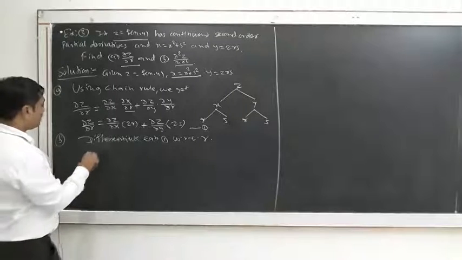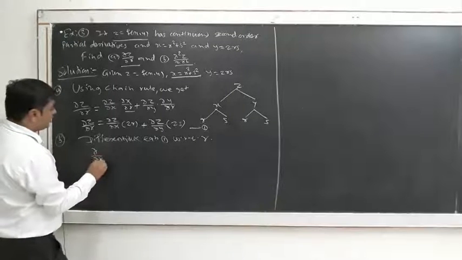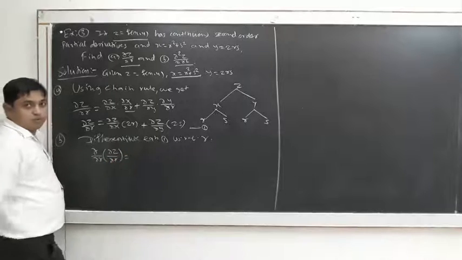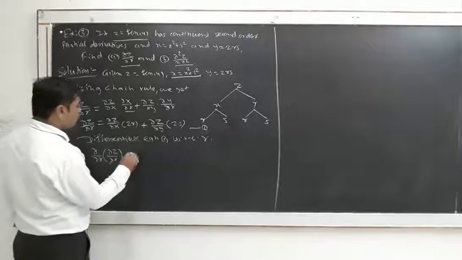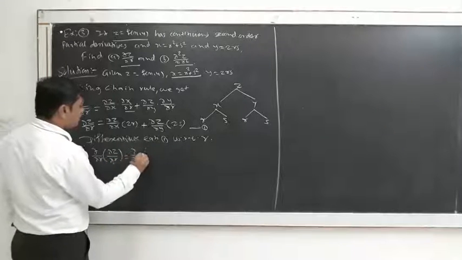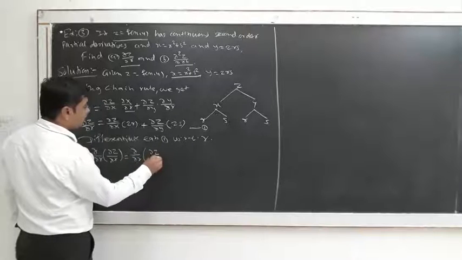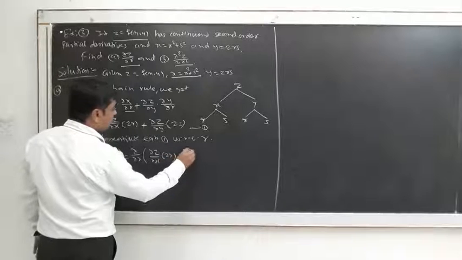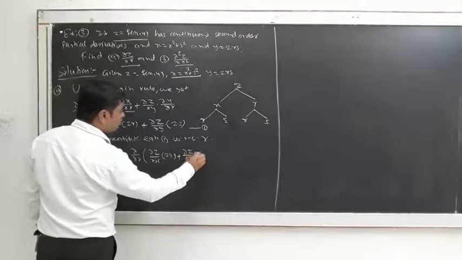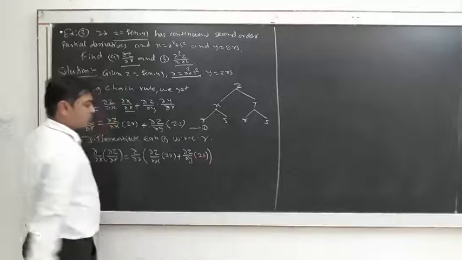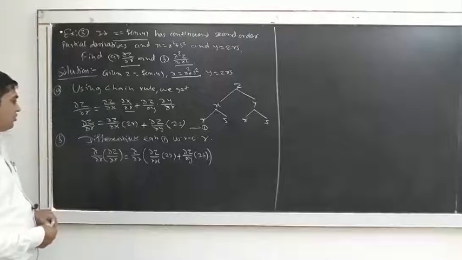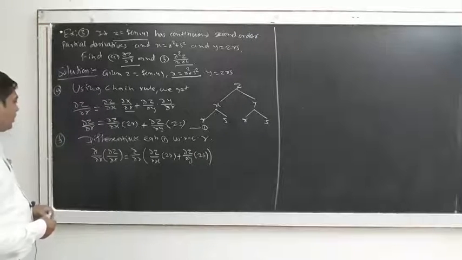So what we are getting? ∂/∂r of ∂z/∂r is equal to ∂/∂r into ∂z/∂x into 2r plus ∂z/∂y into 2s.